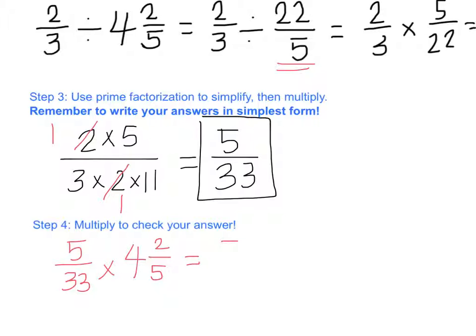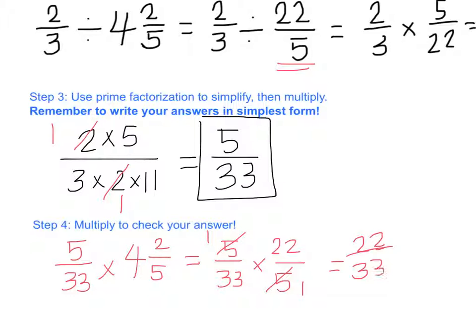So I could do 5/33 times 22/5. Right off the bat, can you see any common factors that are in the numerator and denominator? Yes. Which one? 5. Ria? 5. Good. So I can cross those out and make them into ones. So 1 times 22 is? 22. 1 times 33 is? 33.